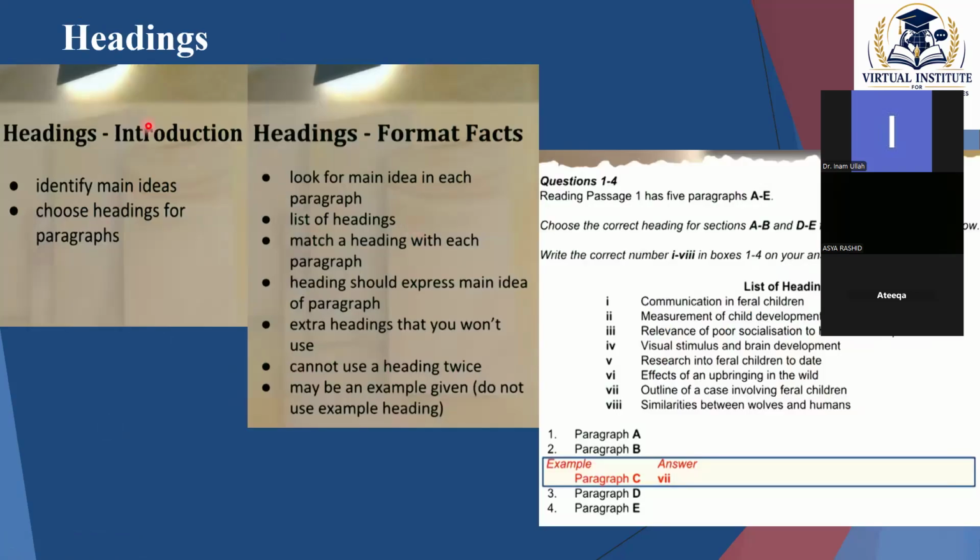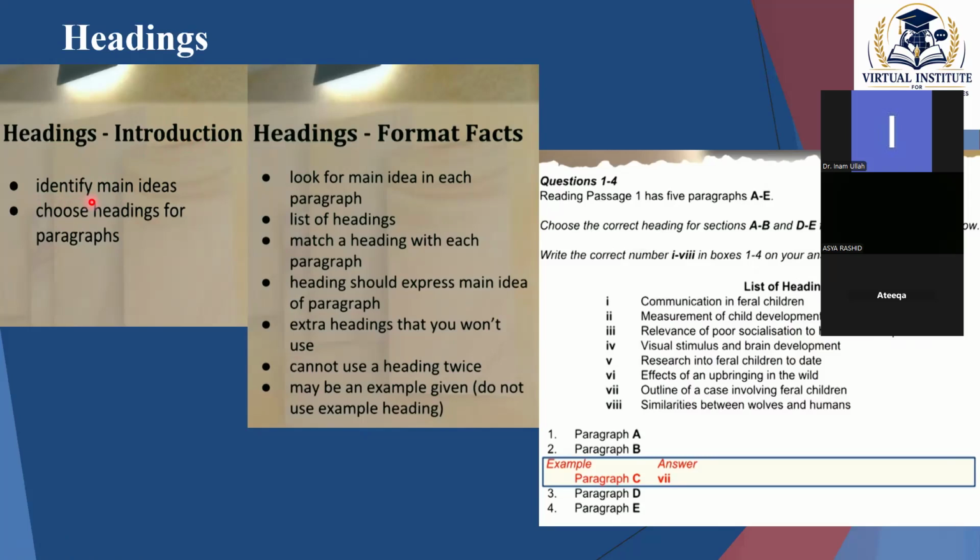Now, for headings, we will be looking at the introduction, and at how you can identify the main ideas in a text, right?